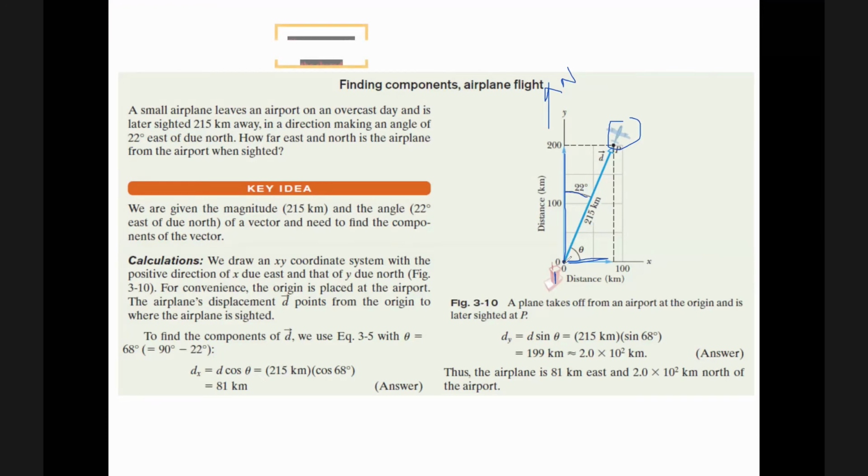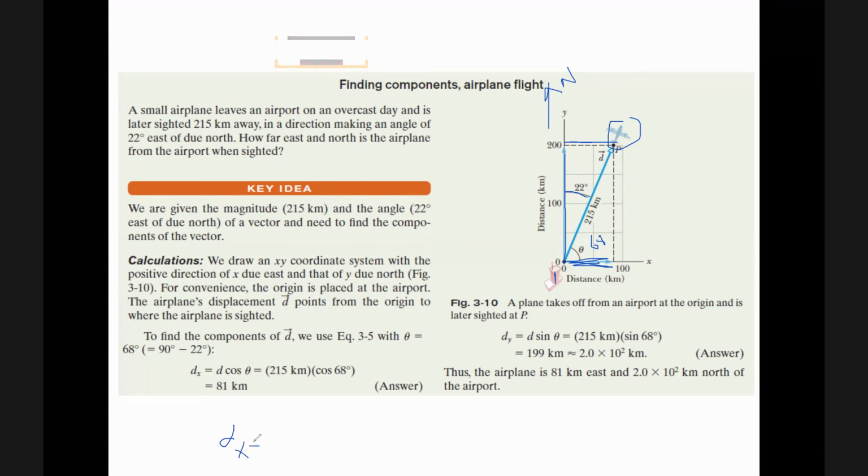First, the x component. Either you say the x component I take from sine 22. Why sine 22? Because it is the opposite. Or you know this angle 68 and you say I want it from cosine 68. So dx, two things.